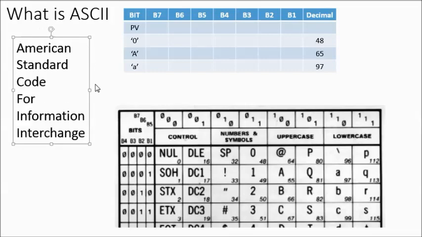And the designers of computers back then realized that if they were going to get computers to communicate with each other, or to move files from one computer system to another, then those computers had to use the same code system. Otherwise it wouldn't work. And so they came up with this standard.